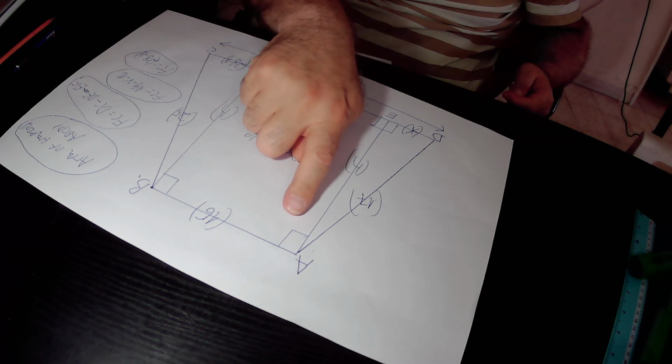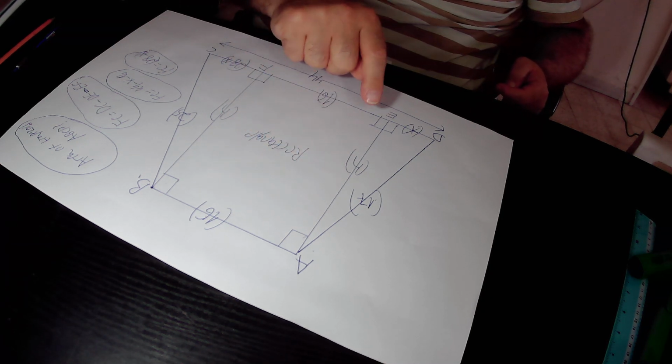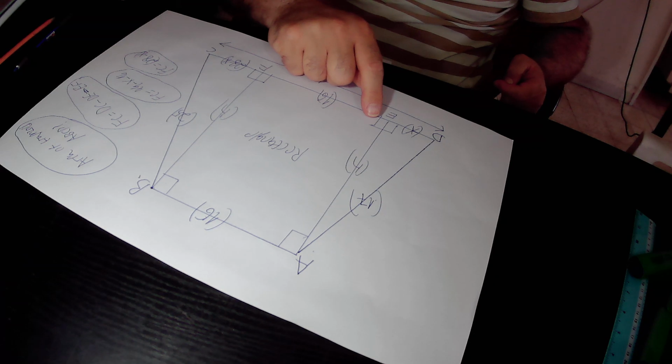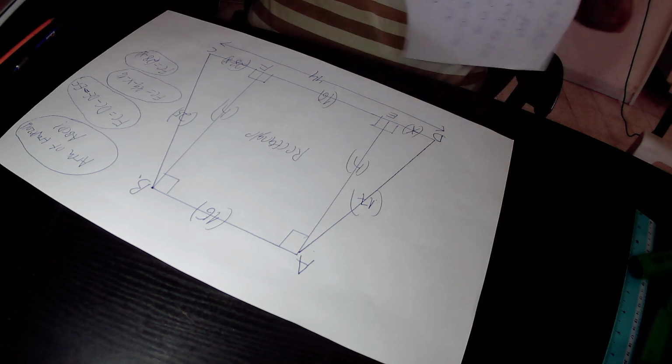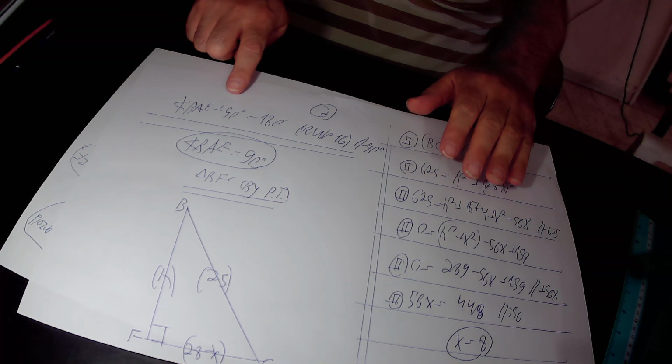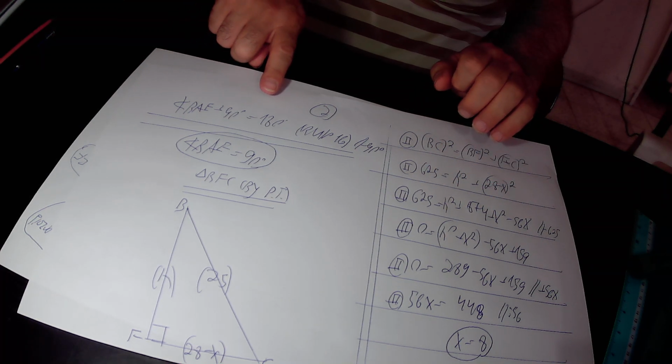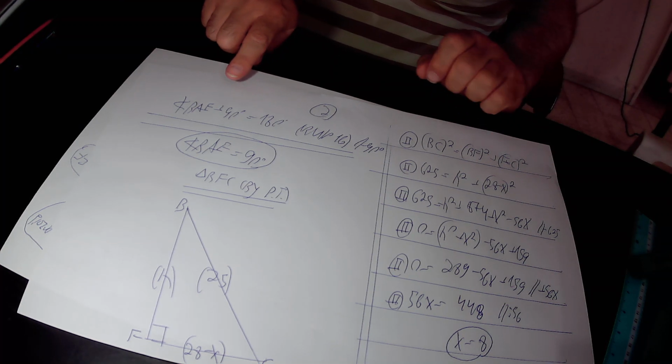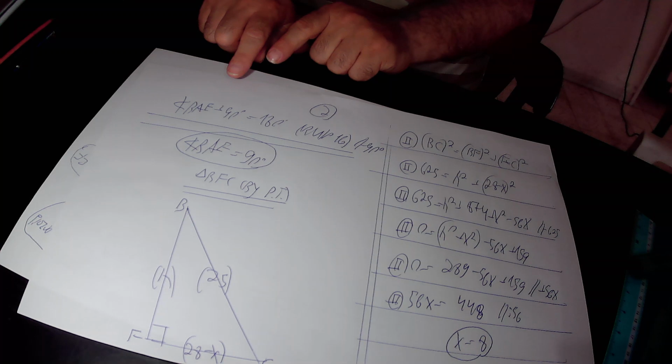So this is the missing angle, angle BAE, plus this angle, that is the right angle. In total, the sum of those two angles must be equal to 180 degrees according to rule 16, because those two angles are both one-sided interior angles, and the sum of two one-sided interior angles is equal to 180 degrees.